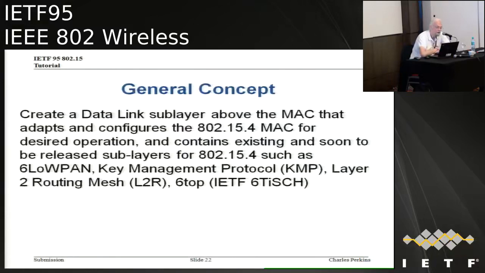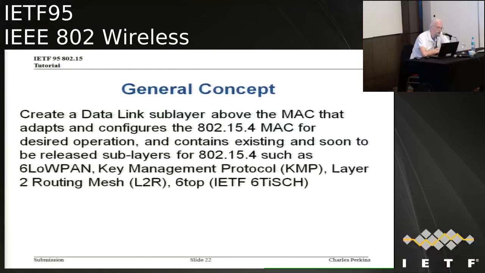The general idea is to create a data link sublayer above the MAC that adapts and configures the 802.15.4 MAC for the operation that's desired, and contains existing and soon-to-be released sublayers for 802.15, such as 6LoWPAN. Key management protocol, which is KMP, as I mentioned before, is basically done. Layer 2 routing, we would like to make available under the 15.12 ULI.